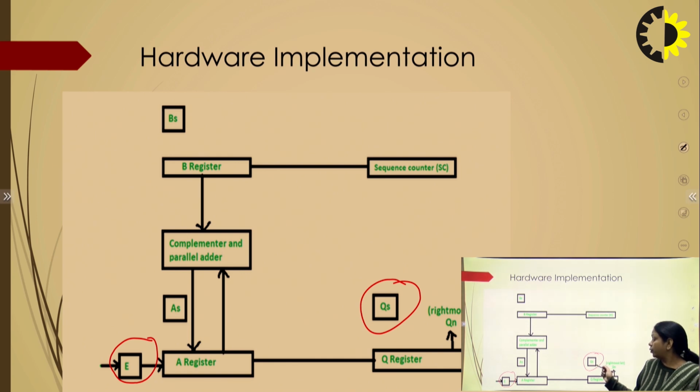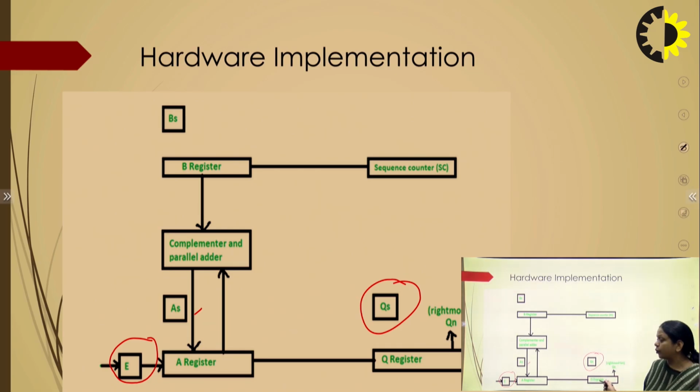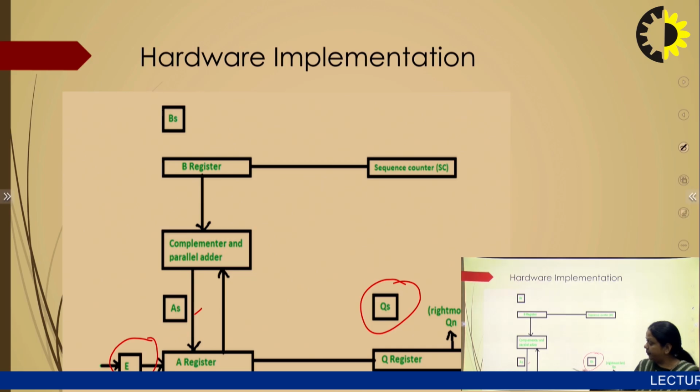In the QS we will have the resultant sign bit. In the AS we will have the dividend sign bit, and in the BS we will have the divisor sign bit. After completing the algorithm, we will have the result, or quotient, in the Q register, the remainder in the A register, and the resultant sign, or quotient sign, in the QS register.